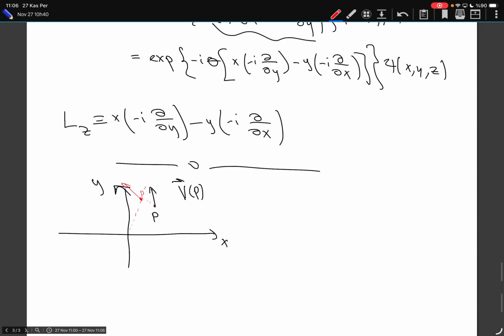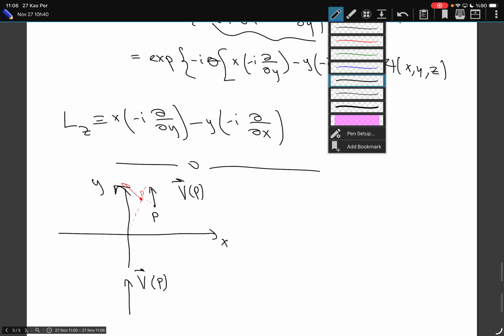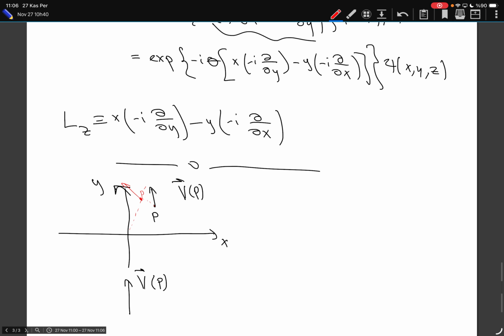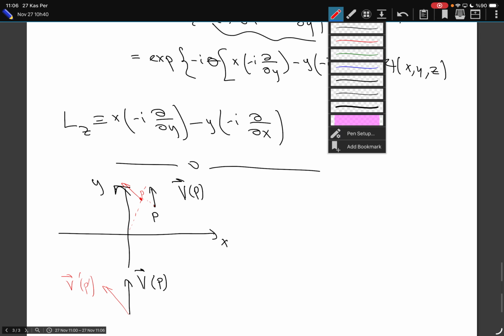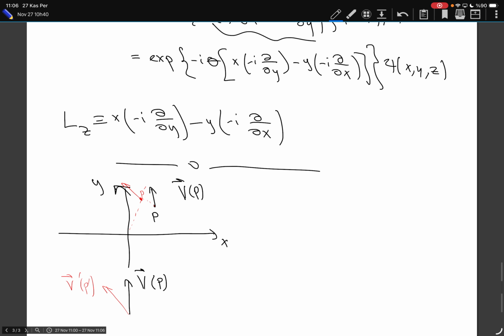So if this is the direction of V of P, this is the direction of V prime at P prime. You see, V prime at P prime is not just V at P.